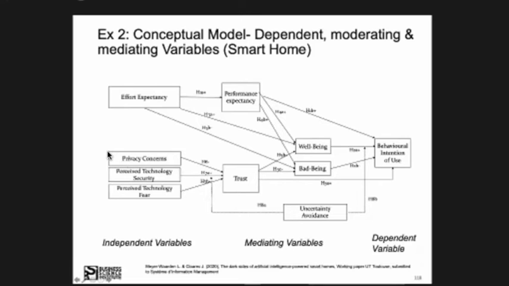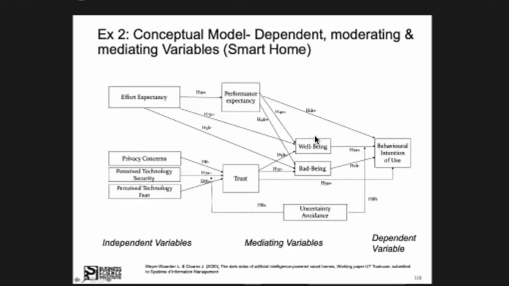On the other hand, we have independent variables privacy concerns and technology fear. They should have a negative impact on the mediating variable trust. In turn, trust as a mediating variable should have a positive impact on behavioral intention to use. So the higher the trust, the higher the intention to use, which is the dependent variable.